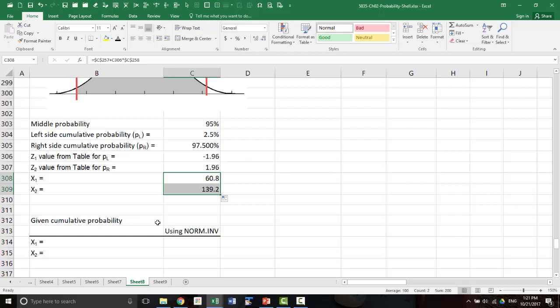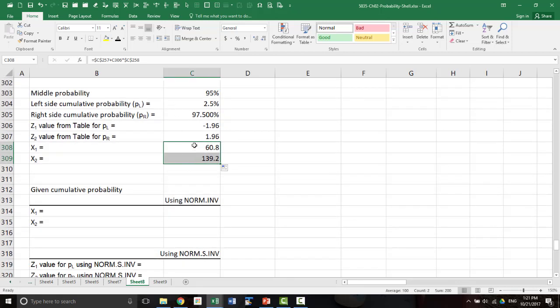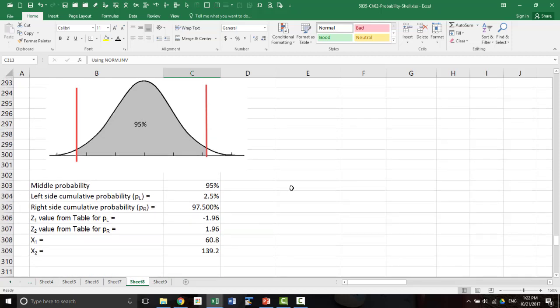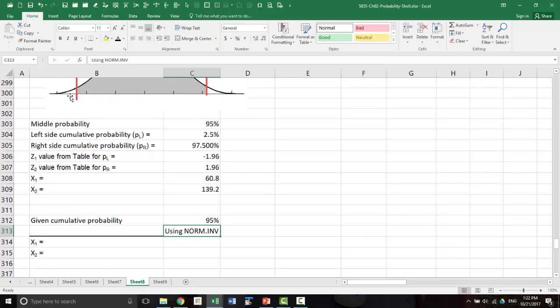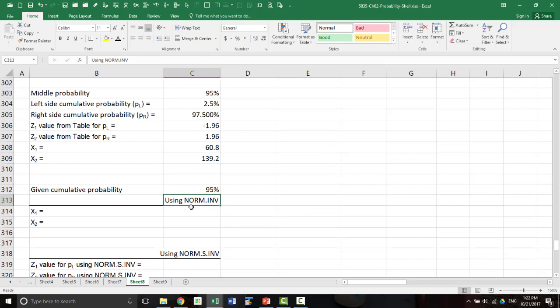All right, so now let's do the same problem using Excel functions. So 95% is the middle part probability, and the left side cumulative probability is 2.5%, and the right side cumulative probability is 97.5%. So we have to use the cumulative probability.